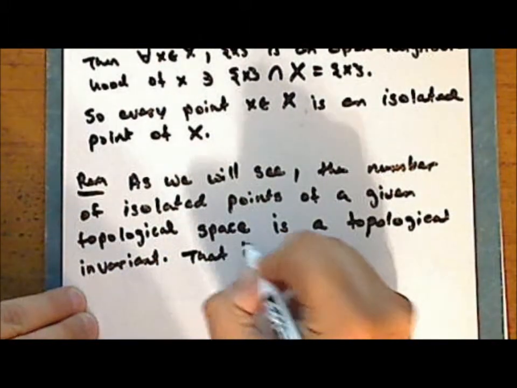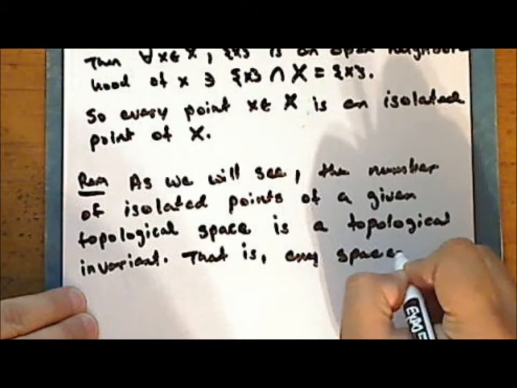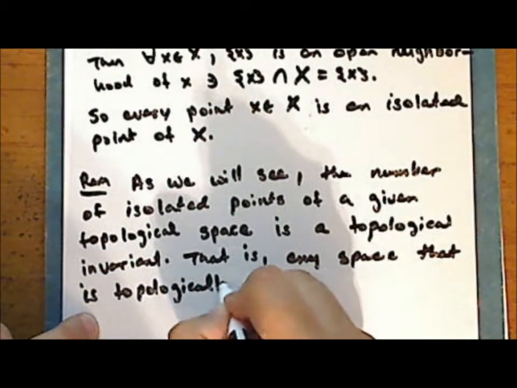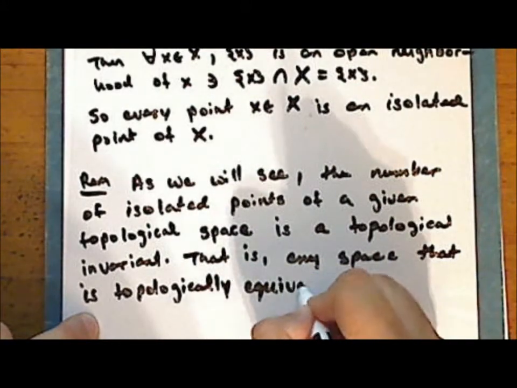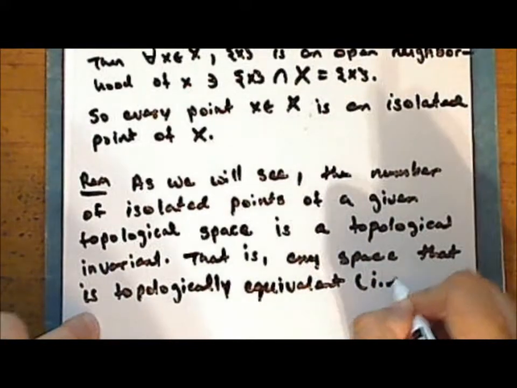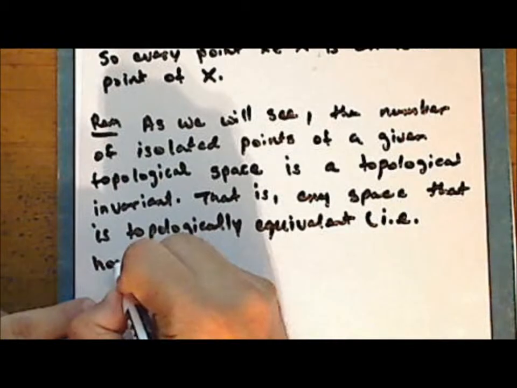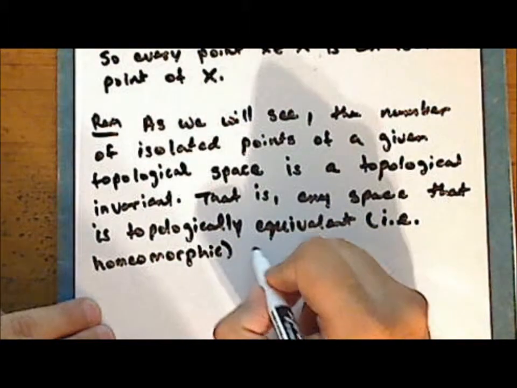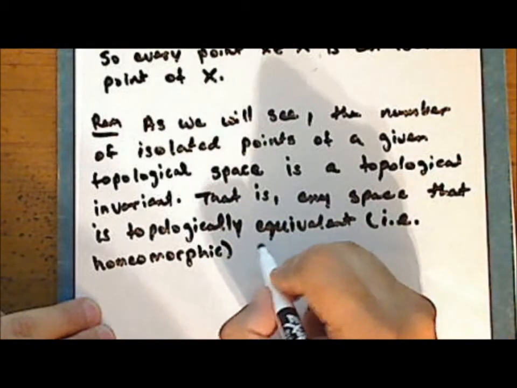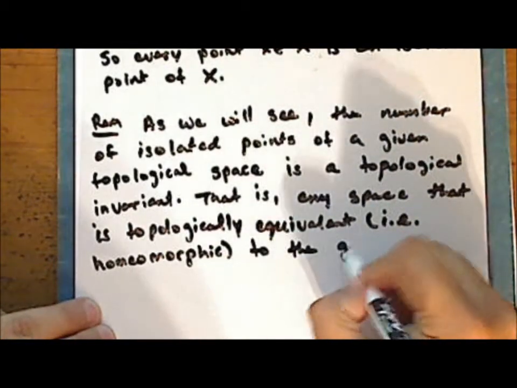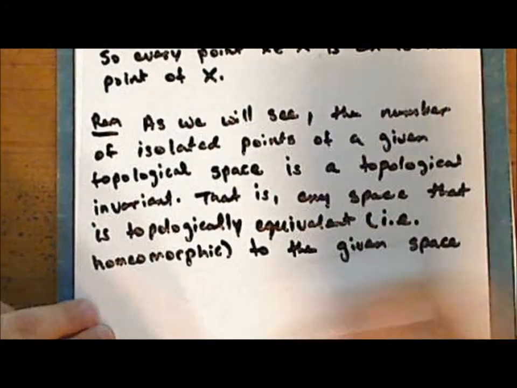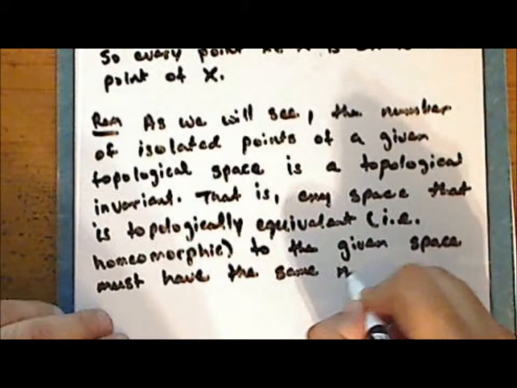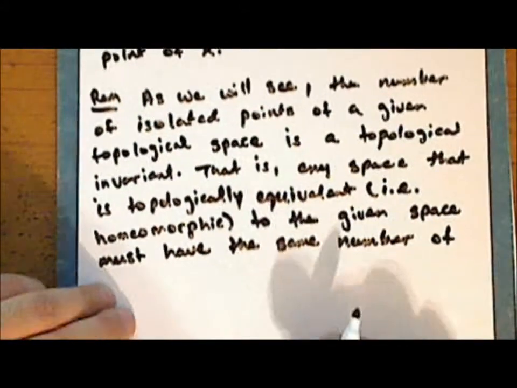That is, any space that is topologically equivalent, and very soon we will use the term homeomorphic, so any space that is topologically equivalent or homeomorphic to the given space must have the same number of isolated points.